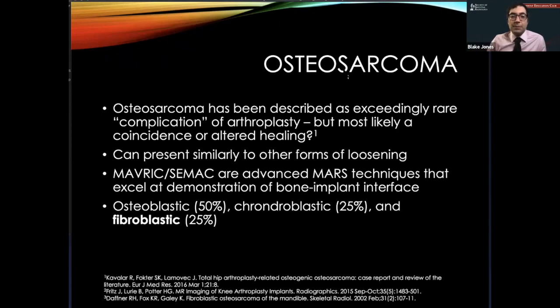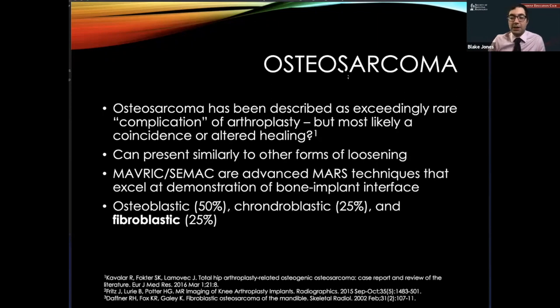People have described osteosarcoma as a rare, quote unquote, complication of an arthroplasty, but it's more likely to be just a coincidence or just some altered healing related to it, because it's not something that's routinely described as a complication when the orthopedic surgeons are talking to patients about getting an arthroplasty. They're not listing off, yeah, you could die during surgery and it could get loose and you could get an osteosarcoma.